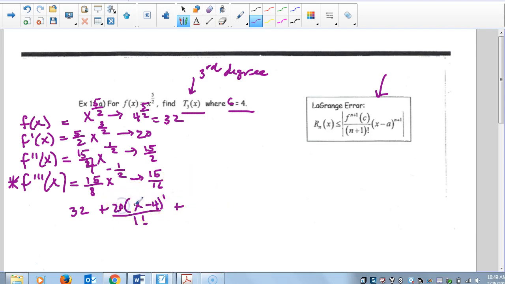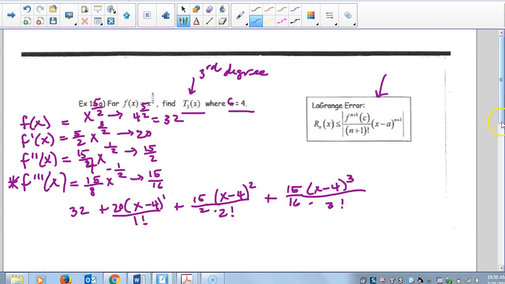So this guy is 20, and then I've got 15 over 2, x minus 4 squared over 2 factorial. And then I got to go one more. So I've got 15 over 16, x minus 4 cubed over that times 3 factorial.